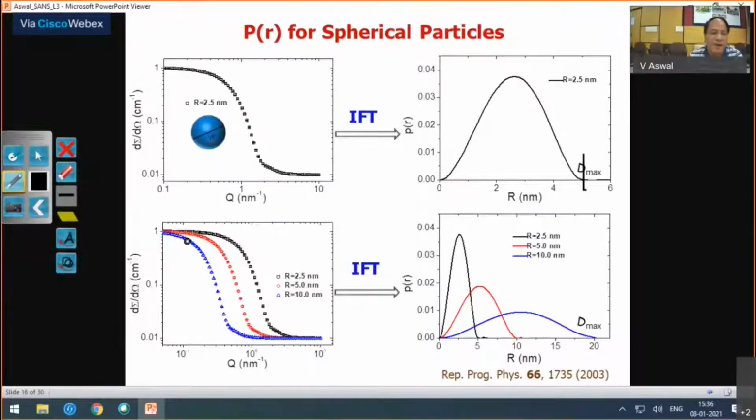And then when you have different sizes of the particle, your radius is changed from 2.5 to 10 nanometers. So the width is decreased for higher size, and the corresponding P of R looks like this. You can see for the larger size, 10 nanometer, the extent of P of R goes up to 20 nanometers. These are different for different shapes, so you can differentiate different sizes of the particles by measuring P of R.